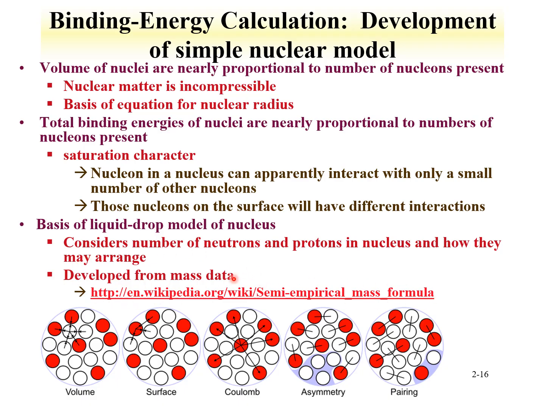And fundamentally, what this describes is that nucleons are going to have different interactions if they're in the volume, right? If they're in the middle of this drop, they're saturated. If they're on the surface, well, they're not completely saturated. They've got some interactions here, but nothing out over here. There's a Coulombic interaction. The reds are protons, the whites are neutrons. So there's a force interaction, which is going to tend to spread the protons out.